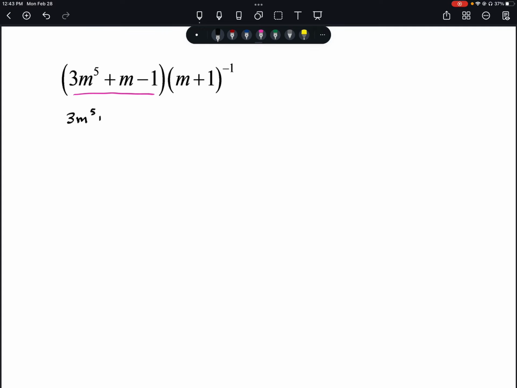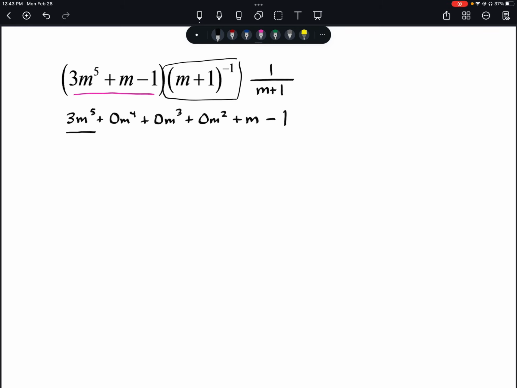3m to the 5th plus 0m to the 4th plus 0m to the 3rd plus 0m squared plus m, and then minus 1, right? And then remember, if we made this a positive exponent, this would be like saying 1 over m plus 1 to the positive first.